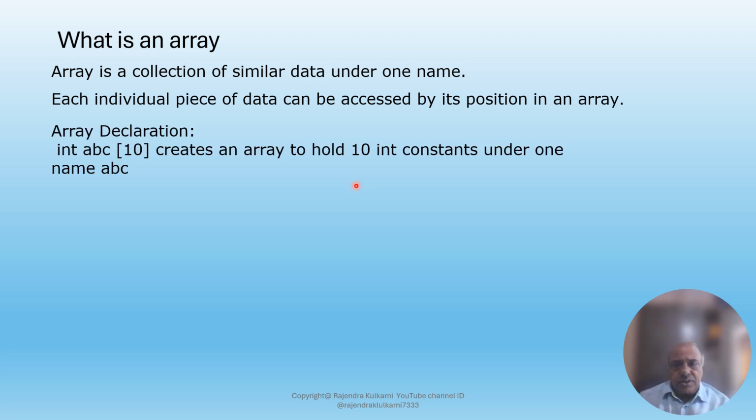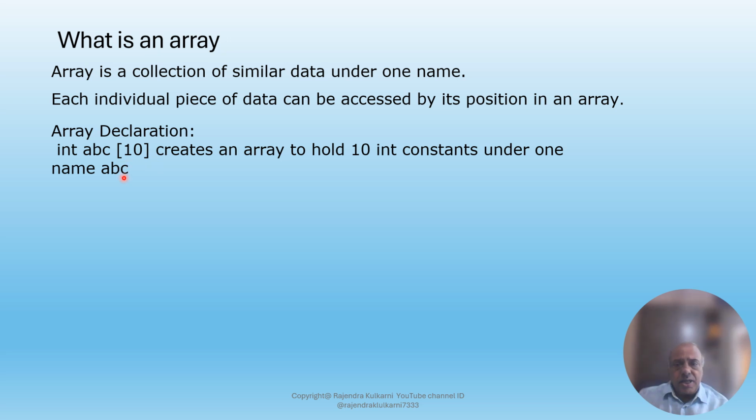How is an array declared? Here we have declared an int array which tells the compiler that this array will be used for storing int values under the name ABC.